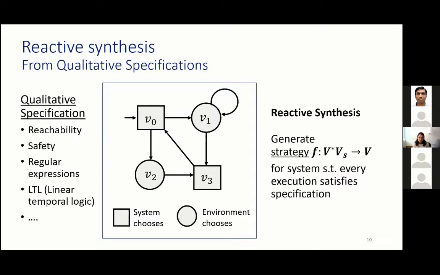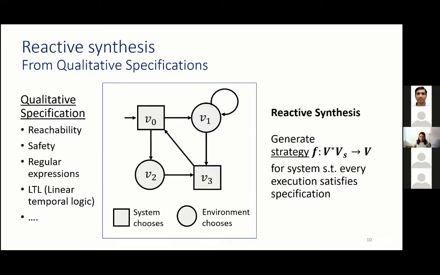So Vs are the states from which the system chooses which state to go to next. So a strategy is a function from a history of executions to a new state, which instructs the system on which state to choose next, such that every execution of the strategy satisfies the specification.